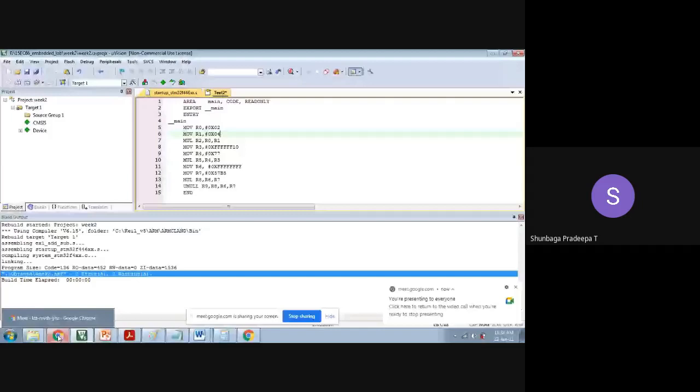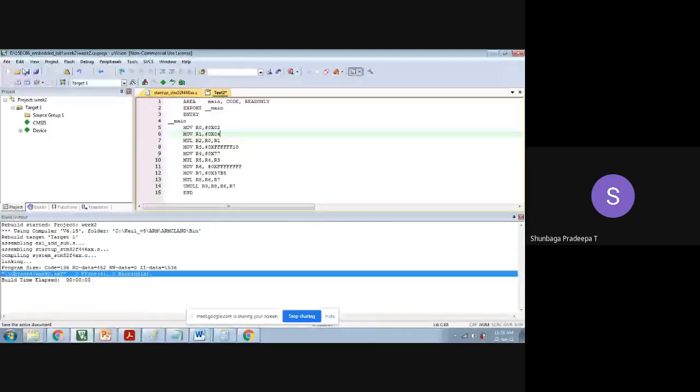Now we have already created the project week 2. Earlier we had the first example. Now I have removed that project file from the project, and now I created a new file with the coding.